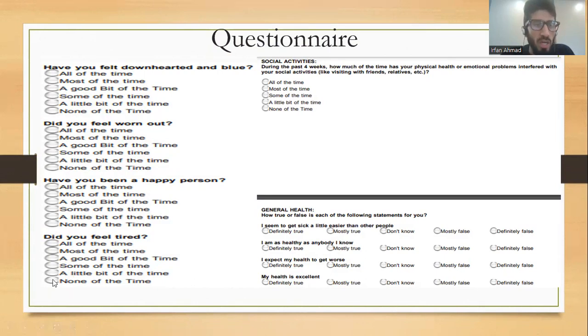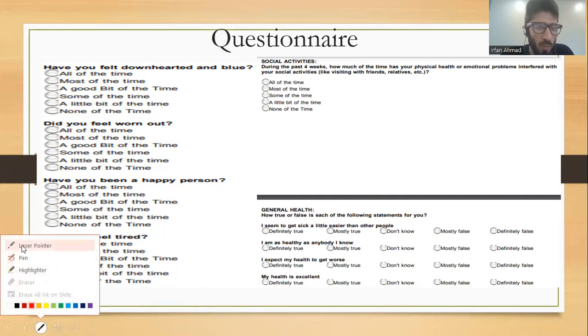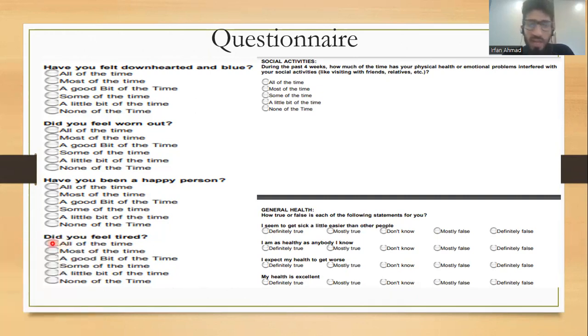So here we can score all of the time I feel tired as 1, then 2, then 3, 4, 5, and 6. So for none of the time, 6 is the higher value, so it will be given to none of the time. This is just the way we normally do with the Likert scale. This is the normal scoring.